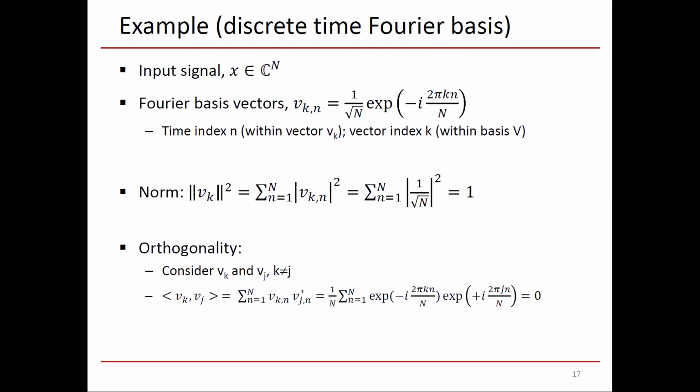One example is the discrete Fourier basis. We have an input signal x of length n. It could be real valued, or just to make this more interesting, it could also be complex valued. The Fourier basis vector k, vk, at time n is 1 over square root of capital N, so I may have missed this normalization term earlier, times the exponent of minus i, or j, that's the square root of minus 1, 2 pi kn over capital N. So the k and the n are indices of our vector.